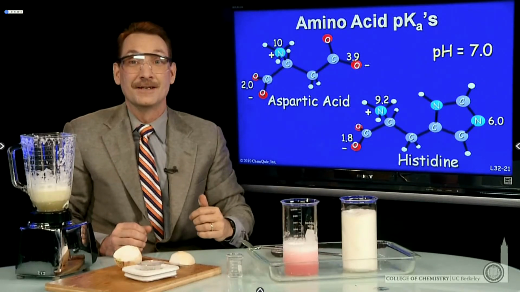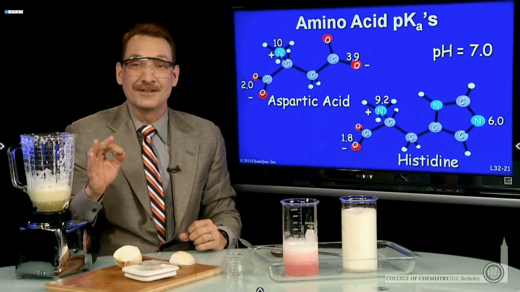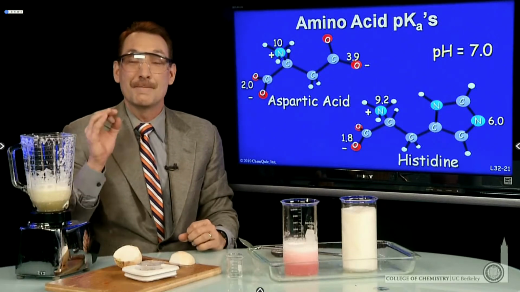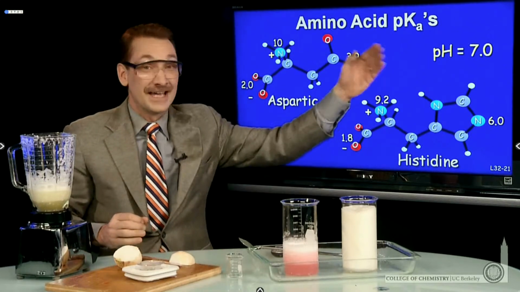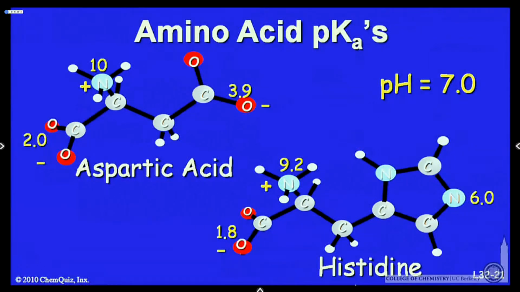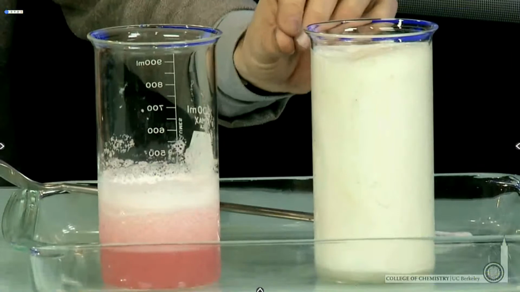So the protein function is dependent on the pH, and now we understand why, because we understand that the pH tells us the charge states and what makes that protein stick together.